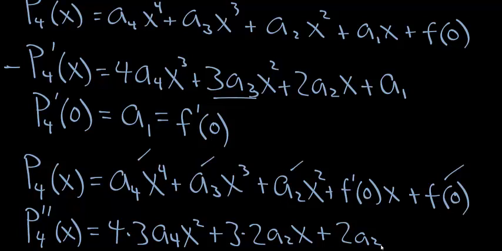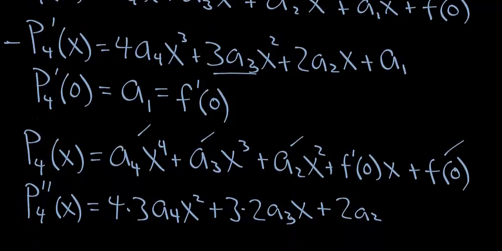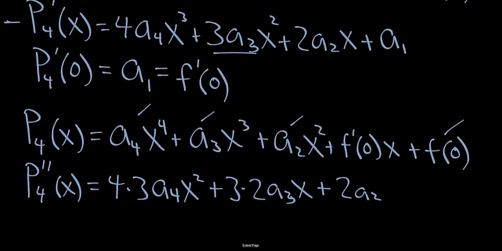Does everybody see what happened? Now, an interesting thing you want to take note of, look at this, 4 times 3. What's going to be the next derivative? 4 times 3 times 2, right? It looks like there's some factorials lurking in here somewhere, right? So we're thinking if we go far enough with this, we're going to start to see factorials popping up.